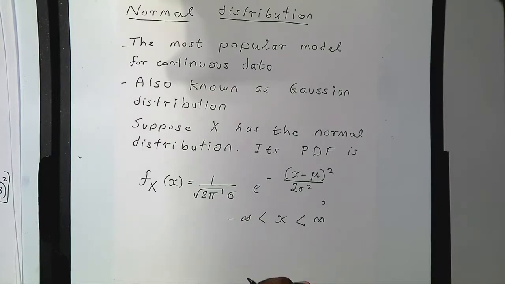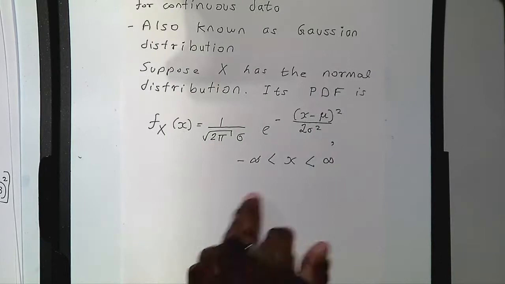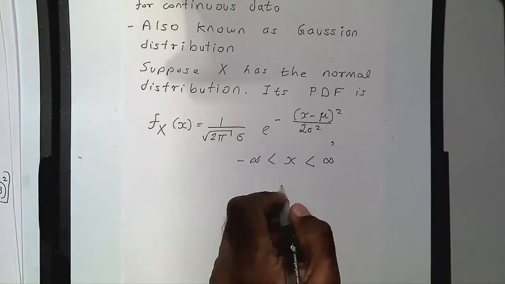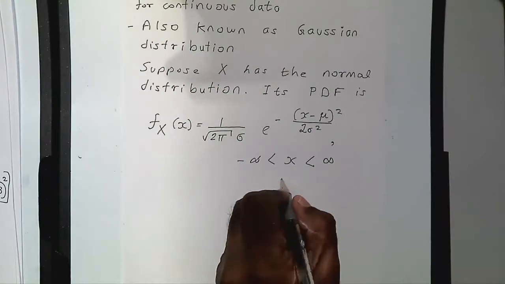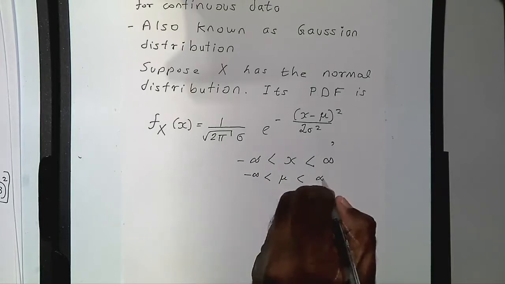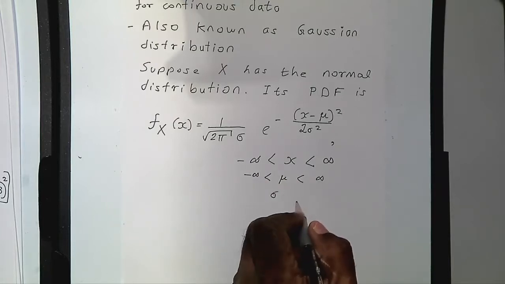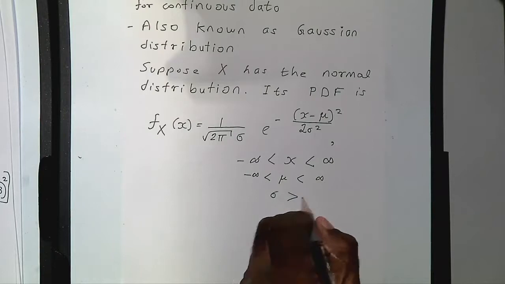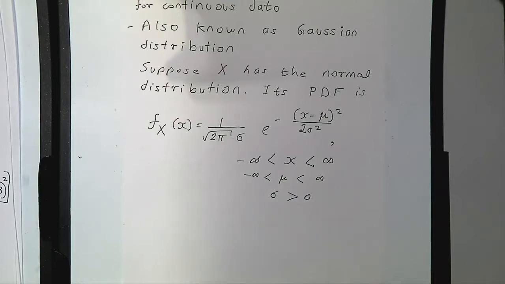This is the formula for the PDF of the normal distribution, where the domain is from minus to plus infinity. There are two parameters, mu. Mu also takes values from minus to plus infinity. Sigma takes positive values only, right?